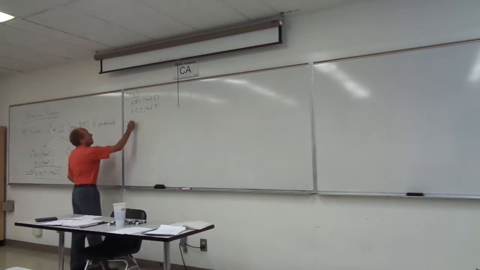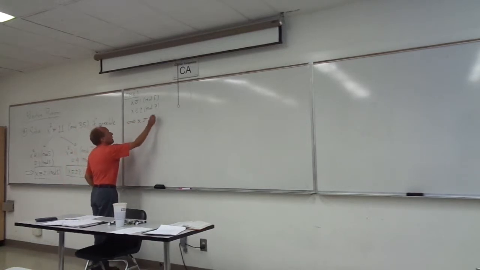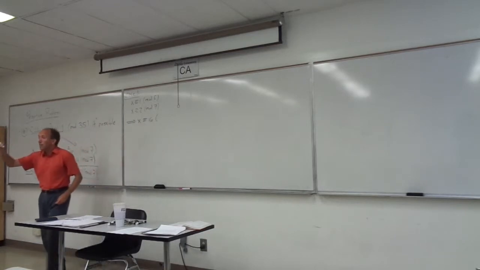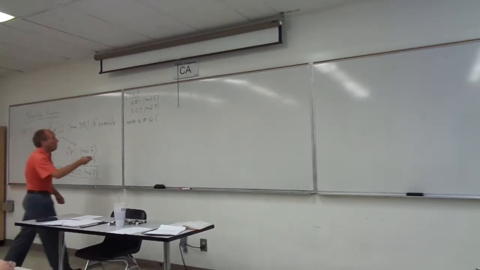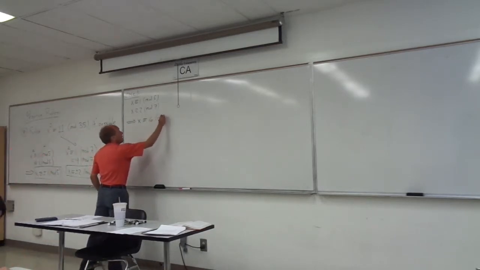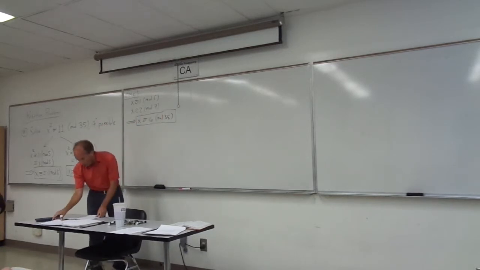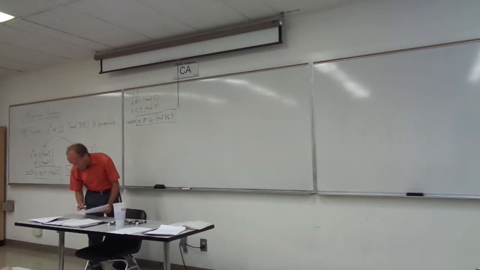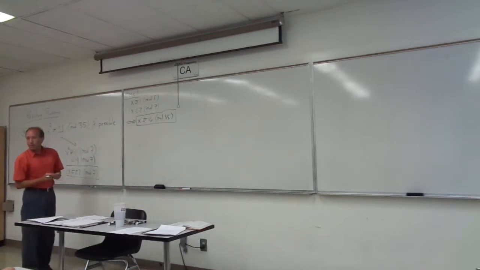So x would be congruent to 16, and that's a unique solution modulo 35 by the Chinese remainder theorem. That is going to be one of your 4 solutions to this problem. Does everybody see how I did that? Just by inspection.